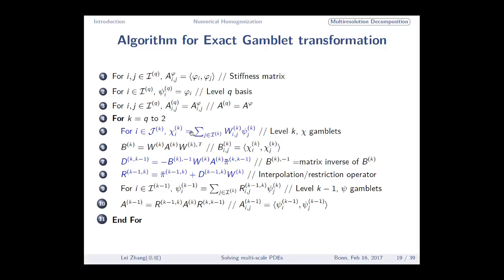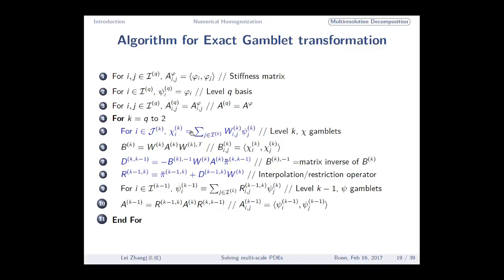Now you construct the interpolation matrix, because the basis at the k minus 1 level is just a linear combination from the Gamblet space, the A-orthogonal space, and the space at k. And this is actually the most costly part. All this is not so costly, but the most costly part is to assemble the stiffness matrix at k minus 1.